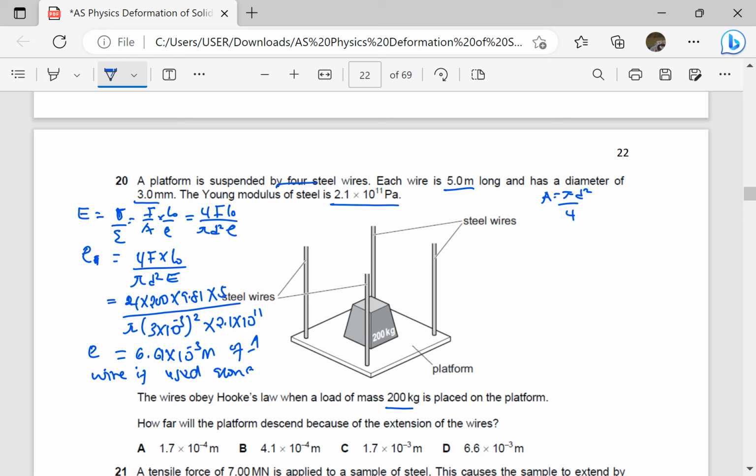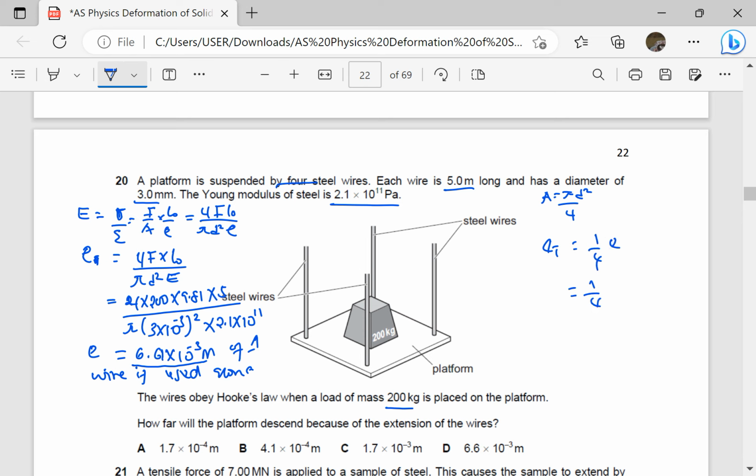But now there are 4 wires, and note that if the wires are used like this, they are behaving as if they're in parallel. If you recall how we handled the springs in parallel, if one extends by this, then if there are 4, it means total extension is going to be a quarter of the extension of just one.